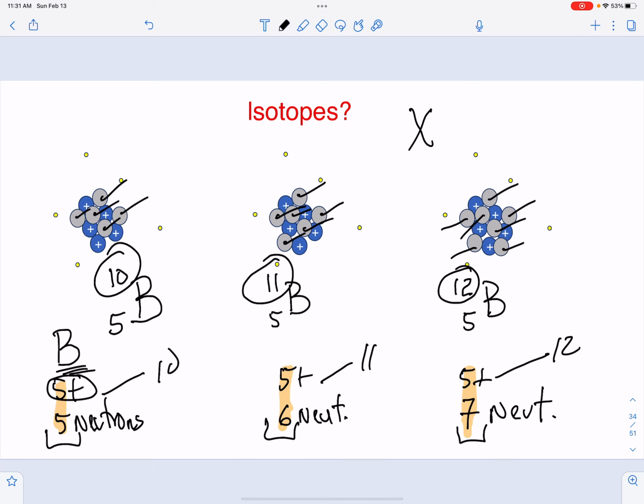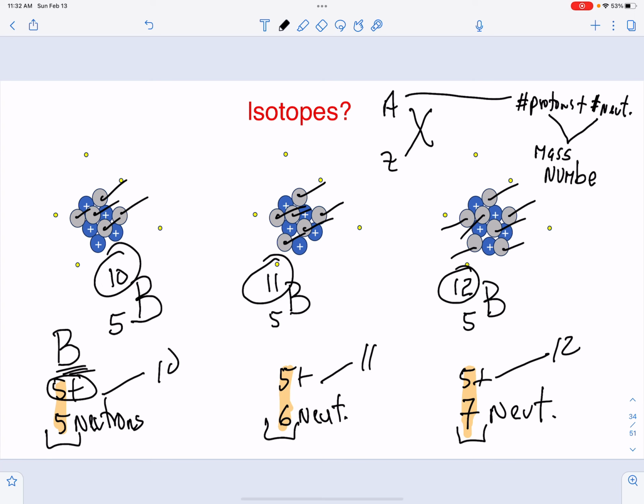X is going to be the symbol letter, in this case B. Z is going to be the number of protons, and A is going to be the number of protons plus the number of neutrons. Both of them together, we call this the mass number.